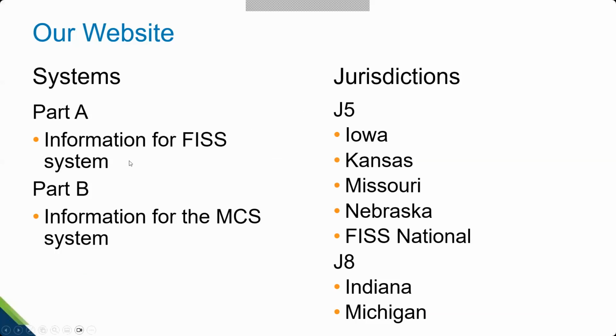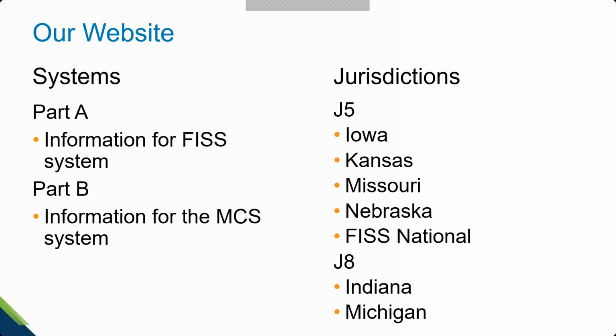We then further break it down because we have multiple functions within these two. The J5 FIS is J5A. The J8 FIS is J8A. The J5 MCS is J5B, and the J8 MCS is J8B. Let's take a look at that so that you have a better understanding.